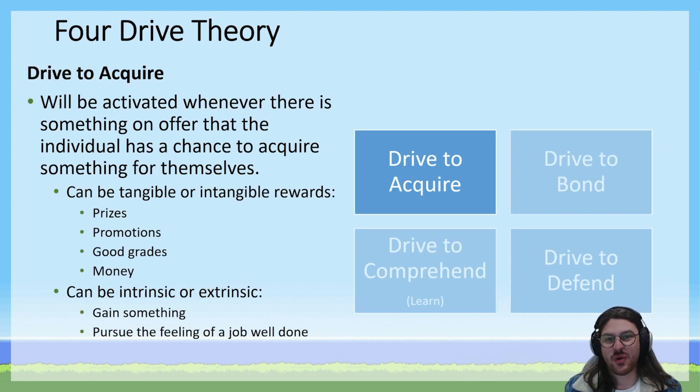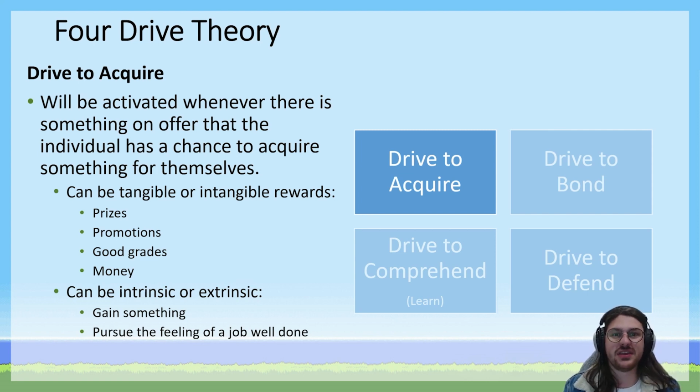The drive to acquire is the first of these drives. Whenever something is on the line that an individual can gain, the drive to acquire is being activated. This can be tangible or intangible rewards. Things like career advancement might be a target that you would work towards in the long term, and because that's something you can gain, the drive to acquire would be targeted.